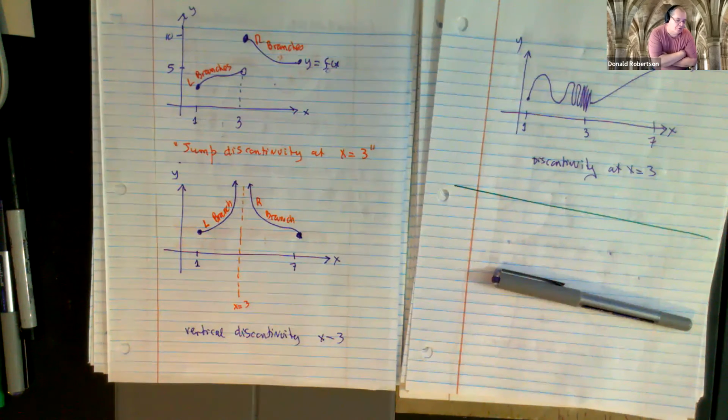So when you do a removable discontinuity, couldn't you maybe get a left or a right continuous out of it? What do you think about vertical discontinuities? Can a vertical discontinuity have a left or a right continuous? What do you think?